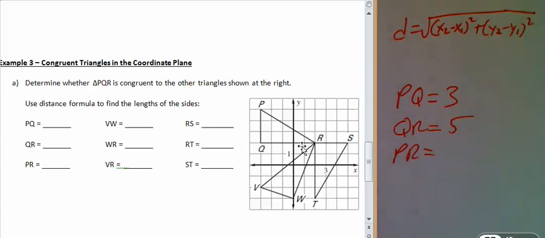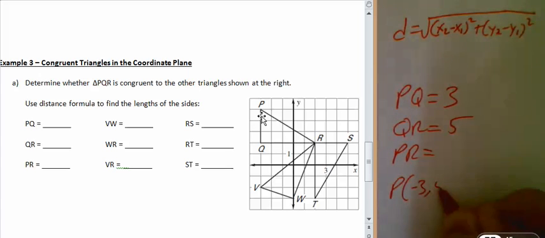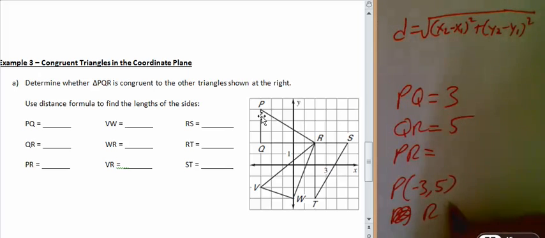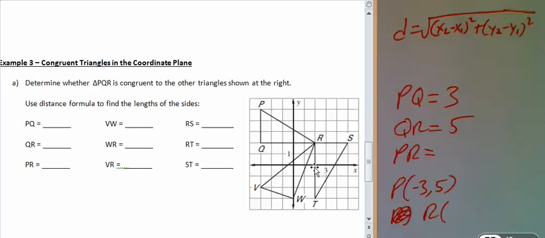So I'll do this one for you just to get you started. And then you can determine if, in fact, they actually are the same. So PR, let's get the coordinates for P. P is -3, 5. And R is 2, 2 it looks like.